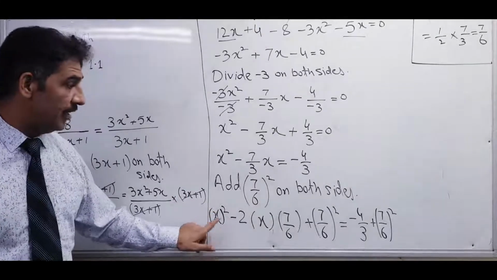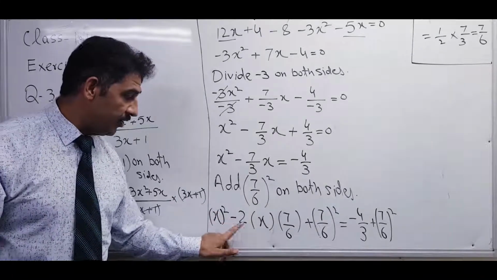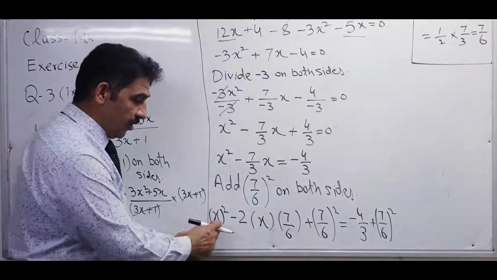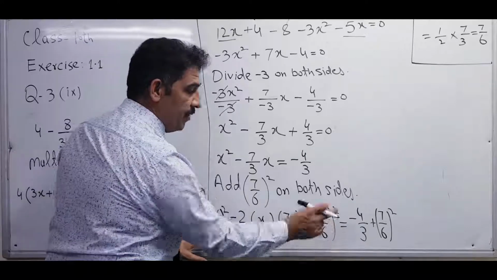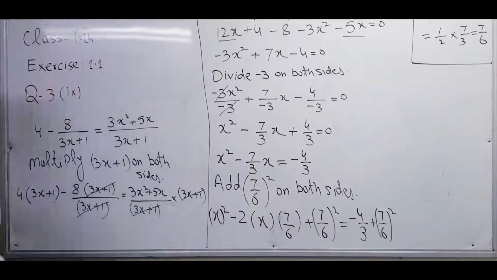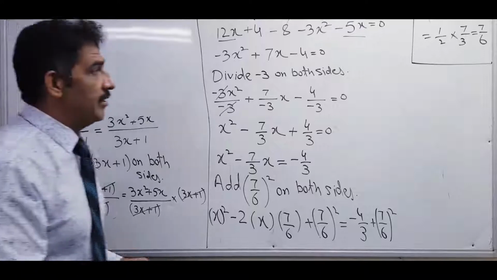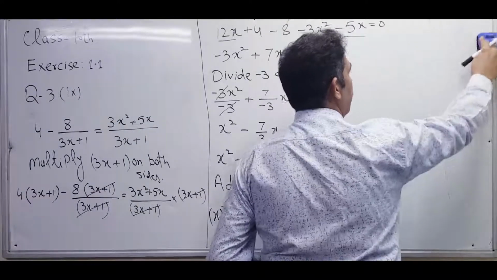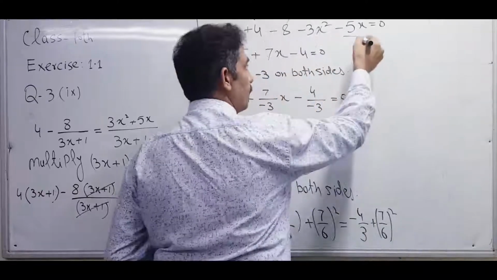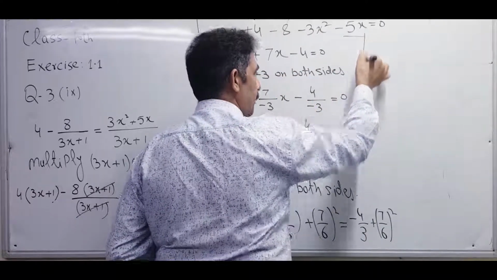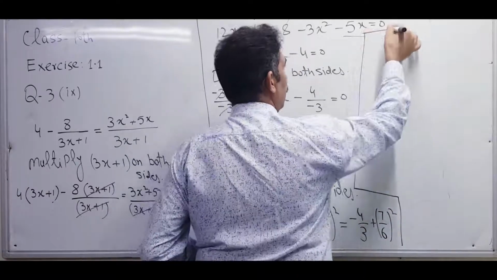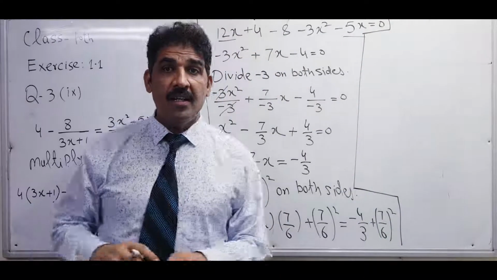According to the formula, a square minus 2ab plus b square. A square minus 2ab plus b square is equal to, who's that? Which formula is that one? Meanwhile, I am removing this. Which formula?